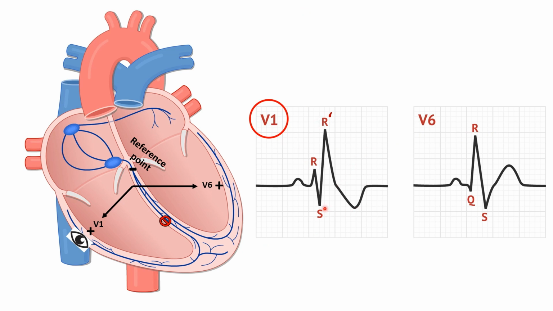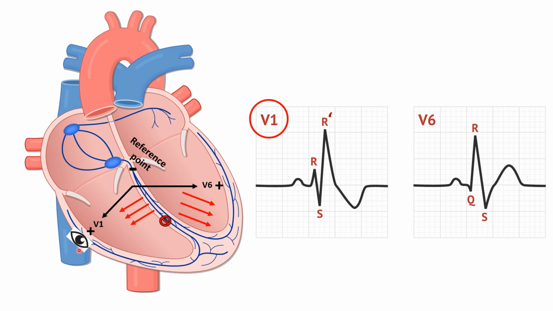Our first R represents septal depolarization. And look in V1, the depolarization is happening towards V1, therefore we're going to have this positive deflection. Then we've got our S wave, which represents rapid depolarization of the left ventricle, and that's going away from V1, hence we have this negative deflection.